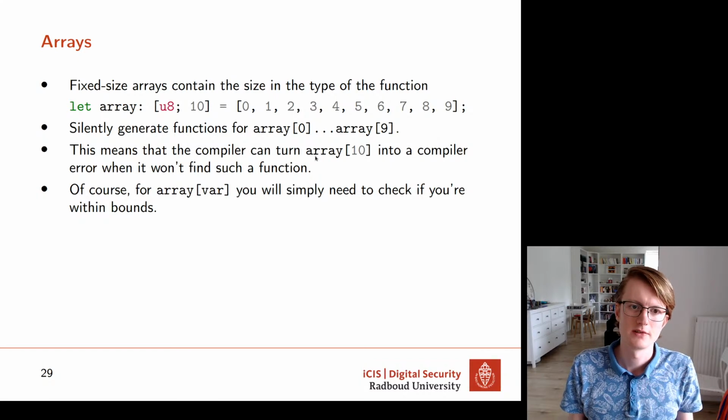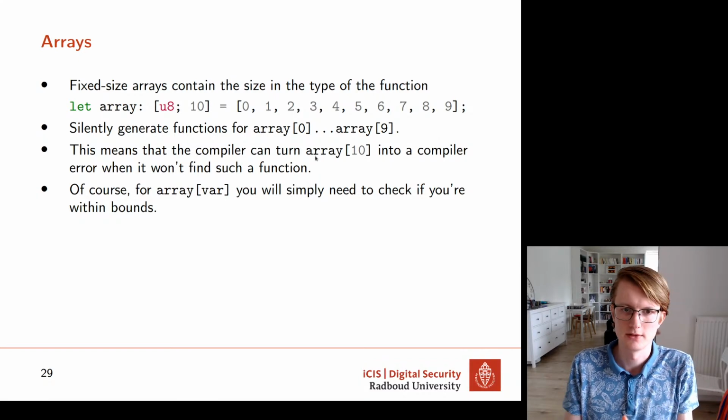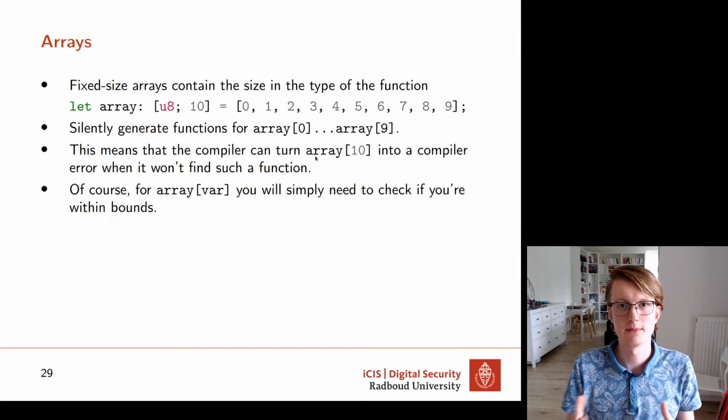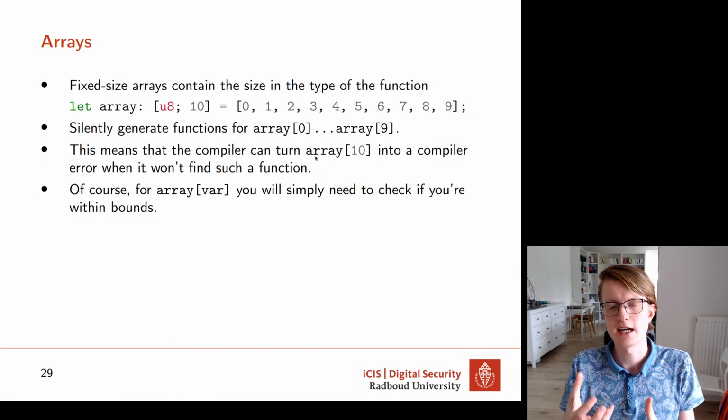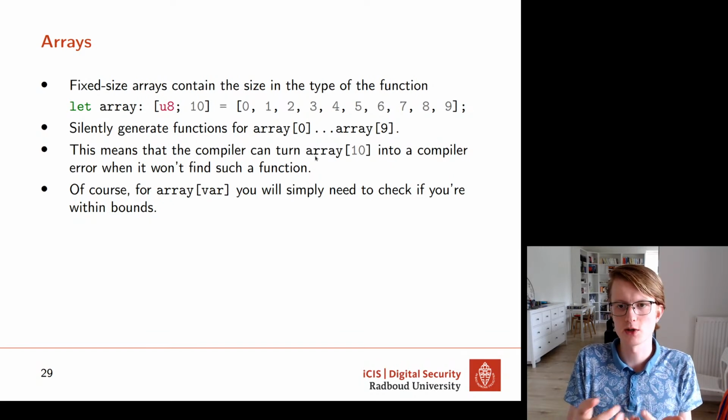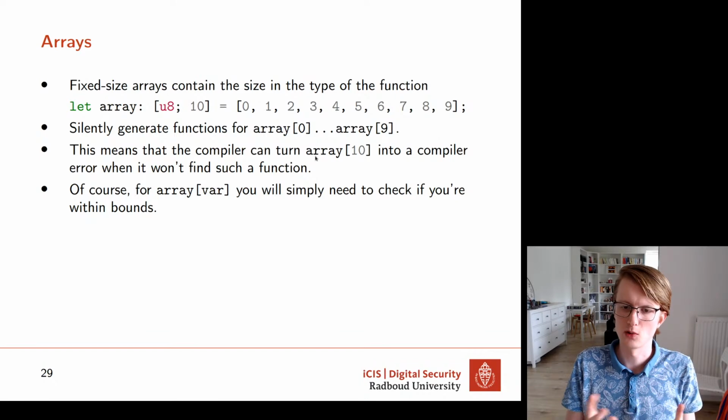Of course, for indexing via some variable, you will still need to check if you're within bounds. Some things cannot be solved in this smart way, but it's an example of an idea that is quite simple, where you augment the information that you give the compiler to allow it to do things in a much smarter way, which is more or less the theme of Rust.